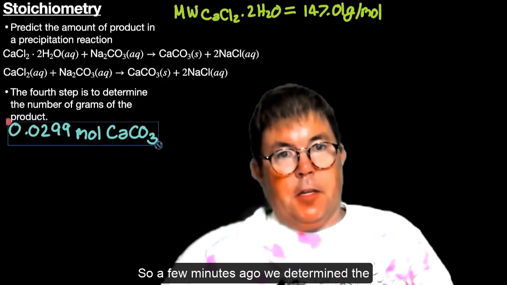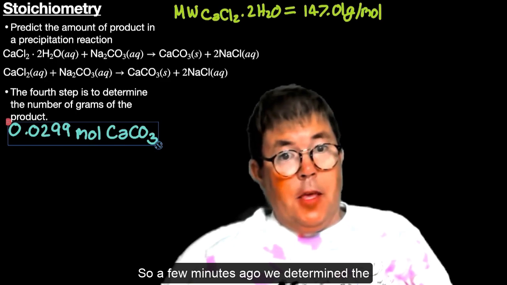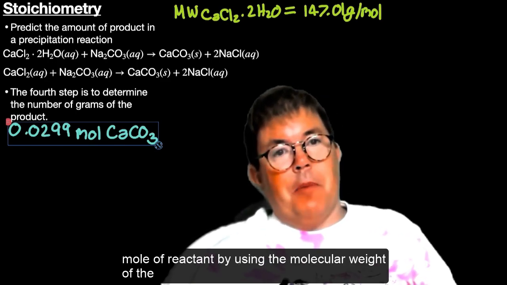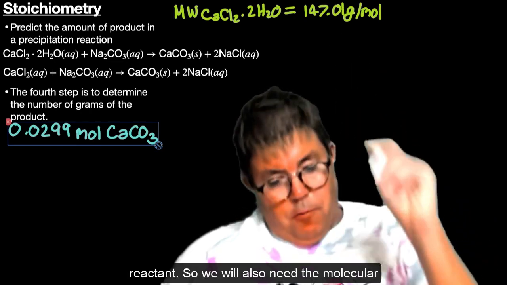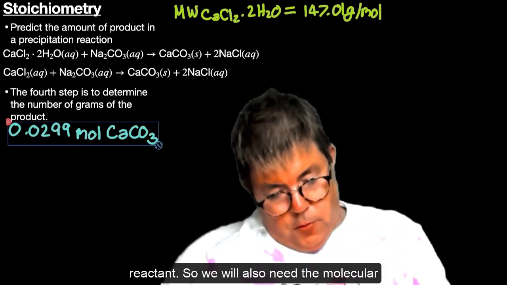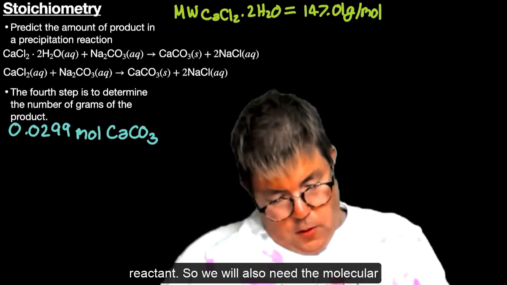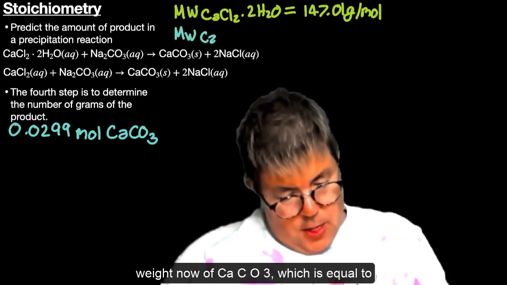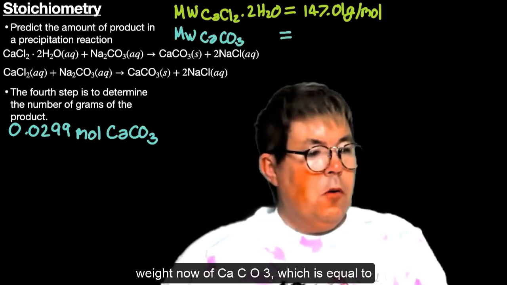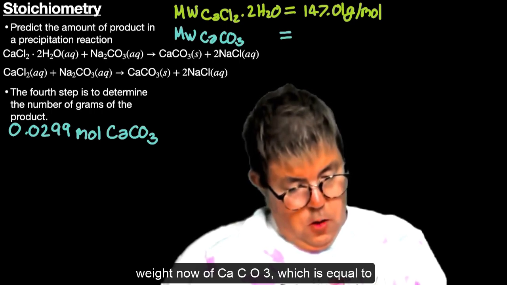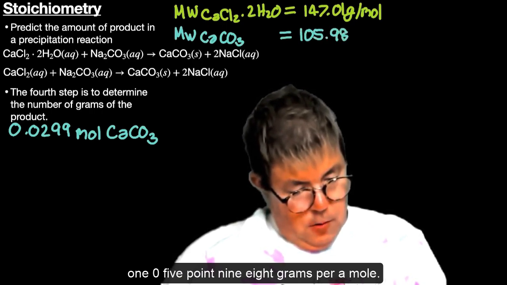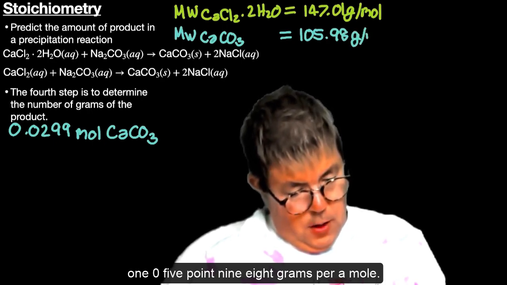A few minutes ago we determined the moles of reactant by using the molecular weight of the reactant. So we will also need the molecular weight now of CaCO3, which is equal to 105.98 grams per mole.